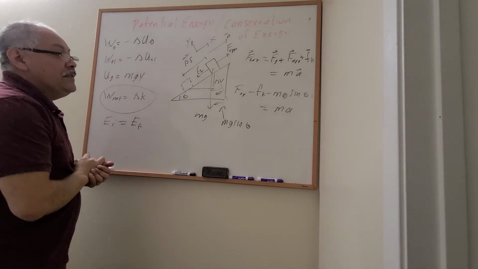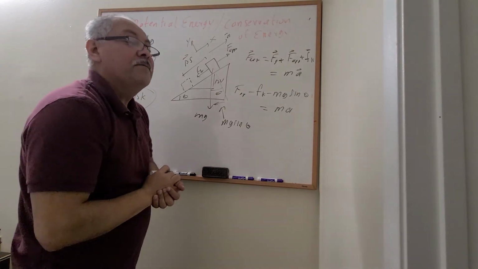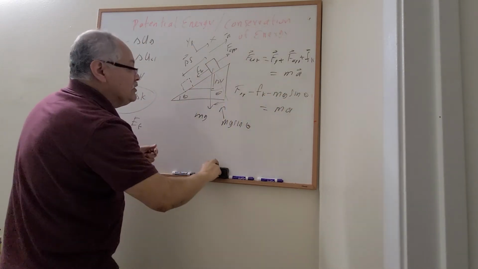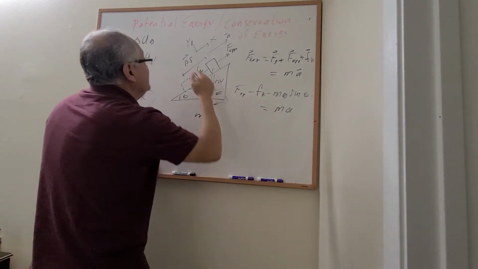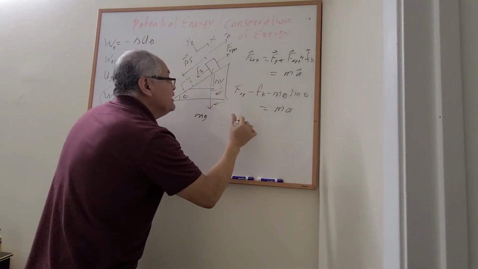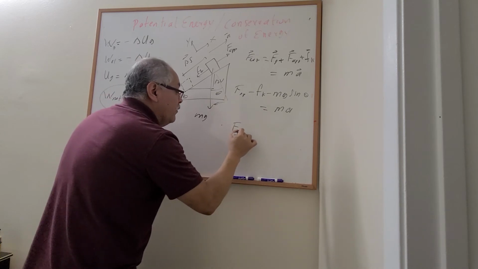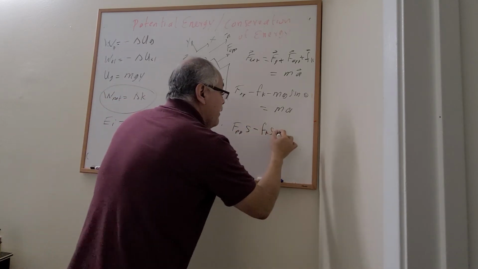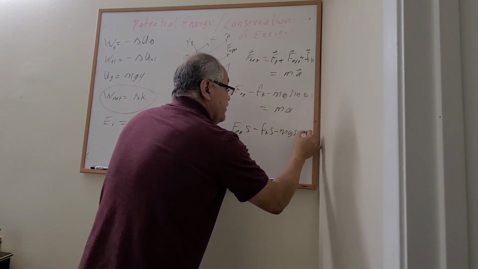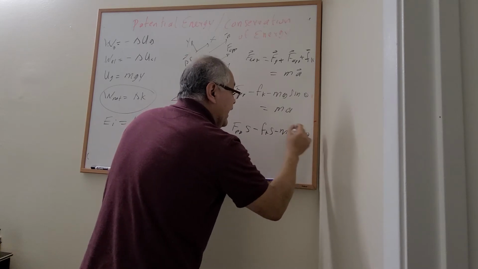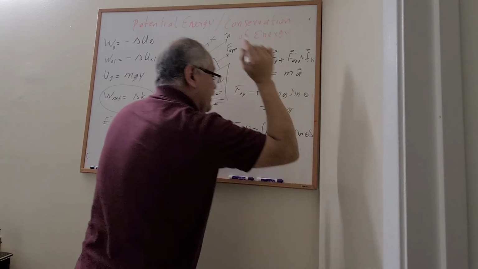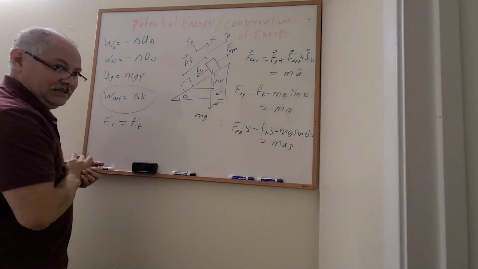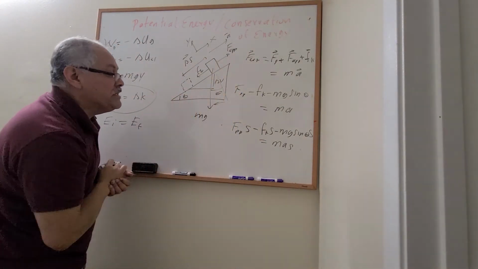Got it? Okay, now let's multiply all of this by delta s, the magnitude of the displacement. So what do we have? Applied force times s, minus fk times s, minus mg sine theta times s, equals mass times acceleration times s, where s is the magnitude of the displacement.